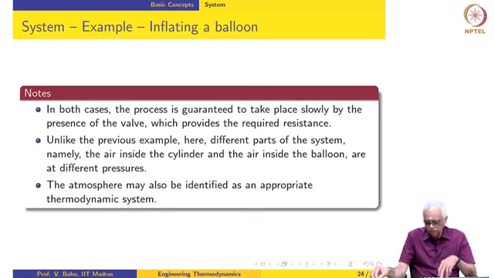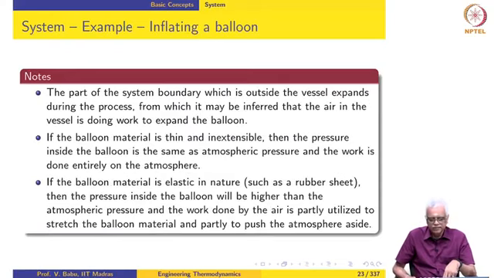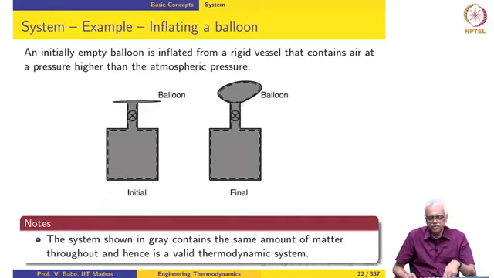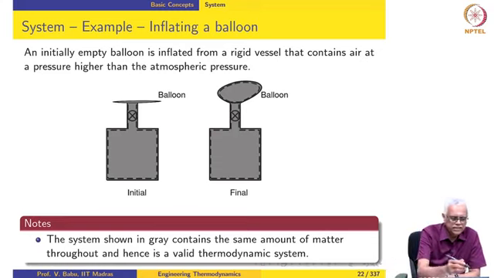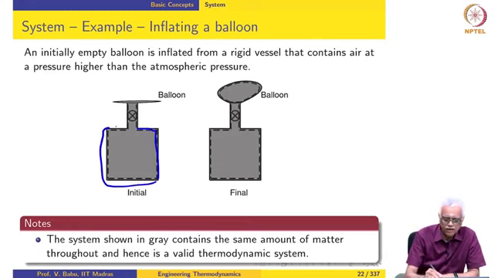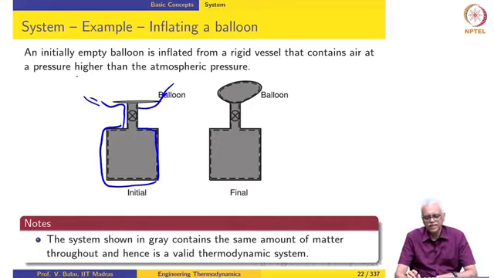Okay. Now for this case also we may define for instance the atmosphere as an appropriate system. So we may actually do something like this and draw, so the atmosphere may be taken as a system, and we may evaluate the work interaction for that system.